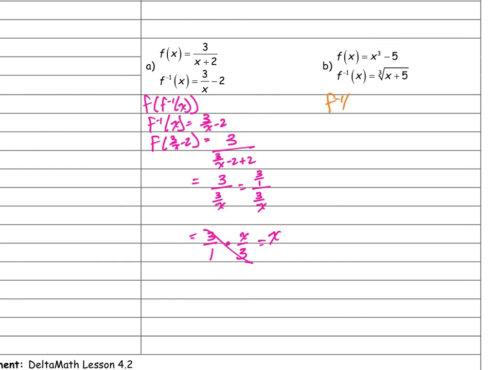So on the second one, f inverse of f of x. Why not? So f of x equals x cubed minus 5. So I'm going to find f inverse of x cubed minus 5, which is going to equal the cubed root of x cubed minus 5, plus 5.